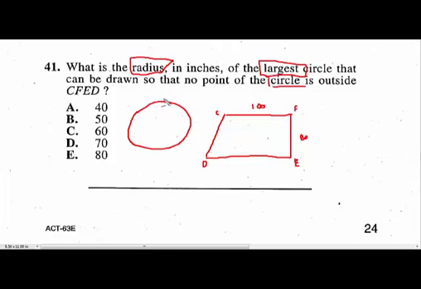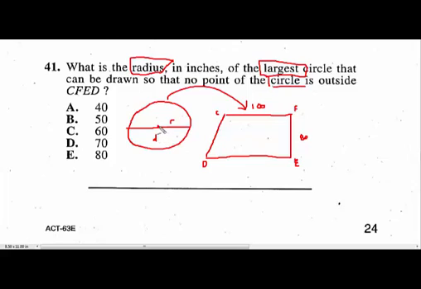Now we need to take this circle and put it inside that shape. But the problem is we can't have any of that circle hanging on the outside in any position. So we really don't even need a formula here, because we already know the radius of a circle, some quick review, is from the center to the outside, right? If we extend the radius, that becomes the diameter.